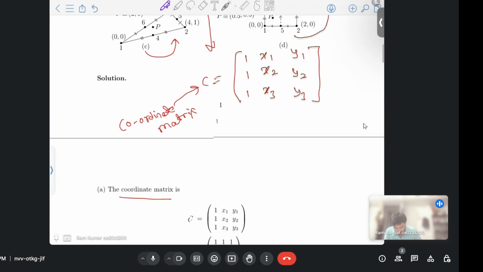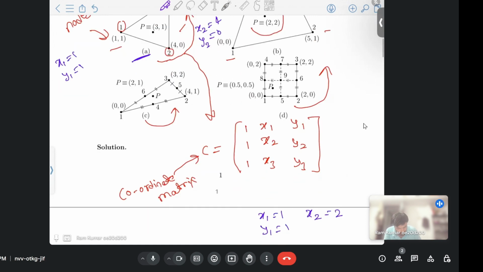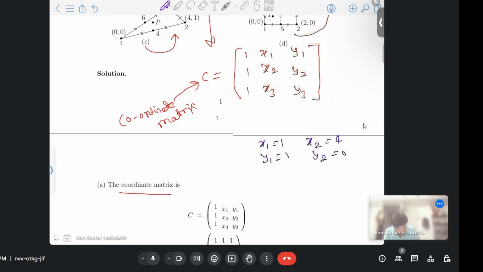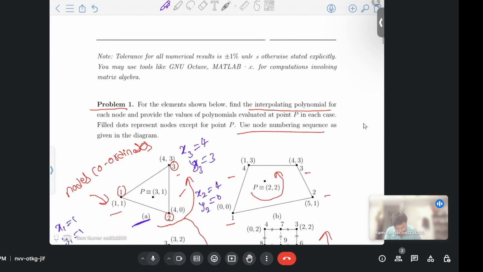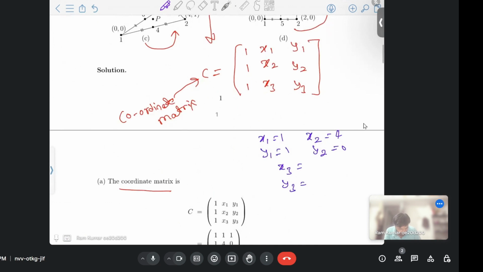As I told you, given x1 equal to 1, y1 equal to 1, x2 equal to 4, y2 equal to 0, x3 equal to 4, y3 equal to 3.